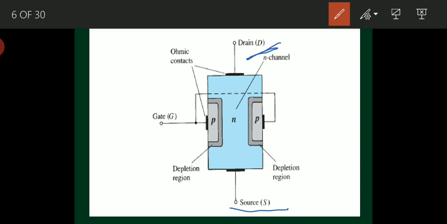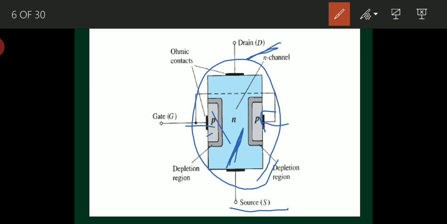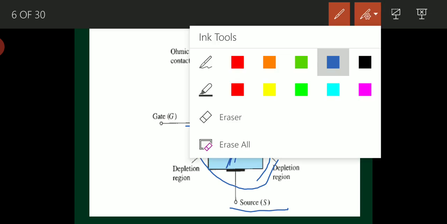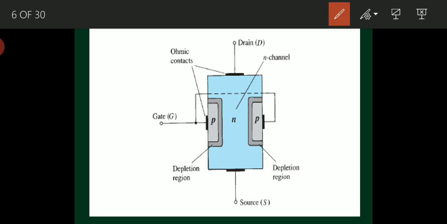I am taking the semiconductor substrate here and doping it with pentavalent impurities to become n-type semiconductor material, and I am diffusing trivalent impurities here in order to make it a p-type semiconductor substrate in the middle. So there is no difference in doping concentrations at source, drain and gate. So the drain and source terminals are interchangeable here in FET.